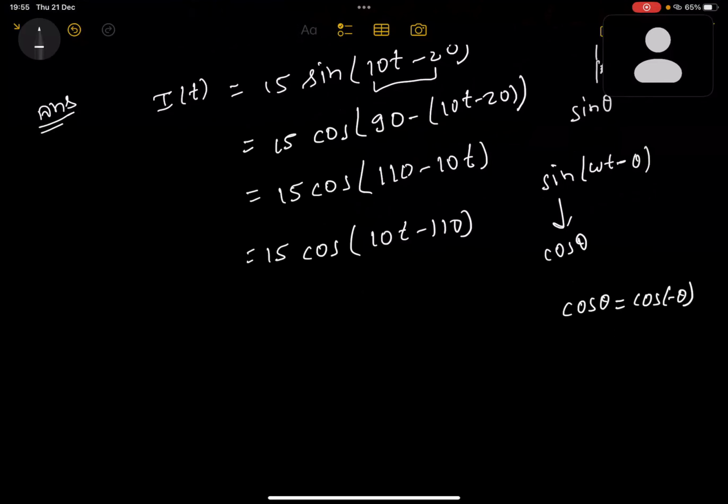Now power. You know, average power is 1 by 2 Vm Im cos(theta v minus theta i).